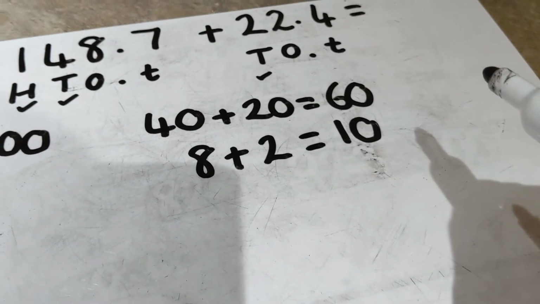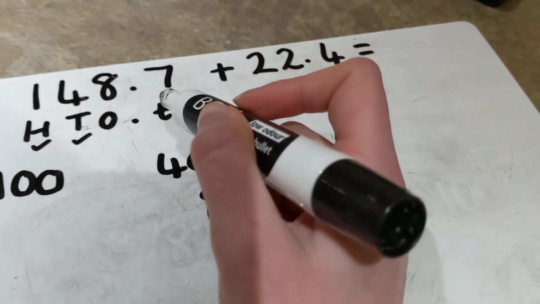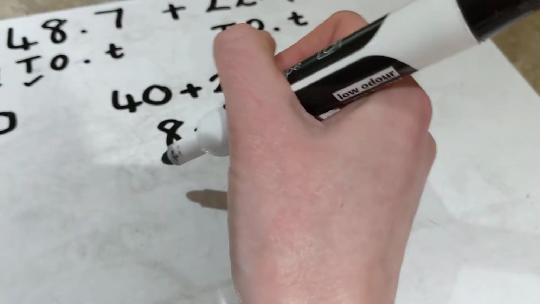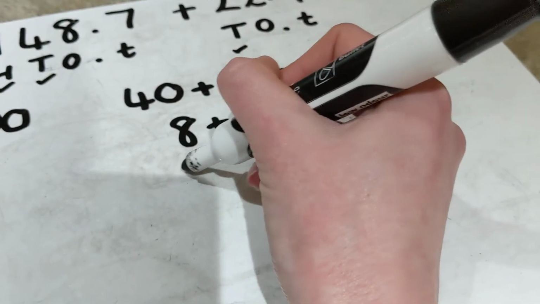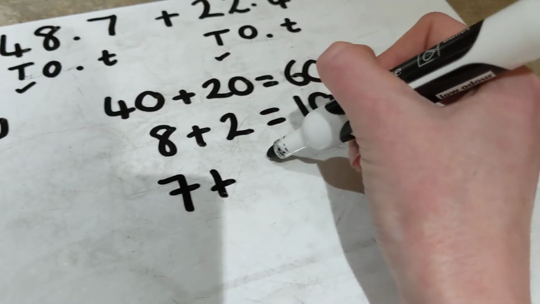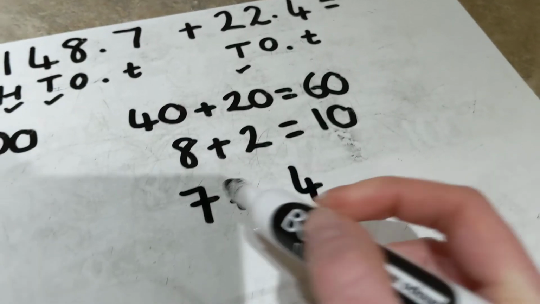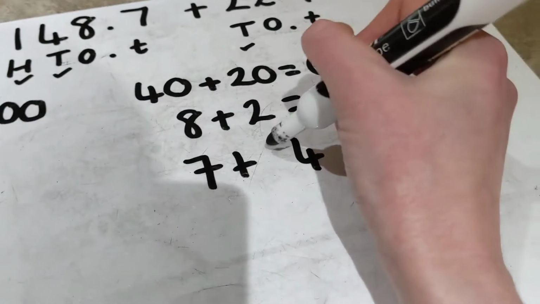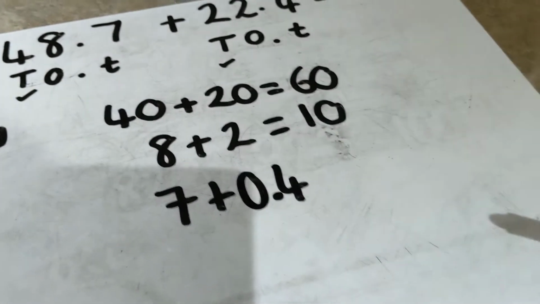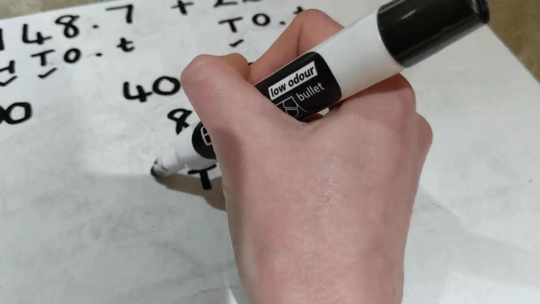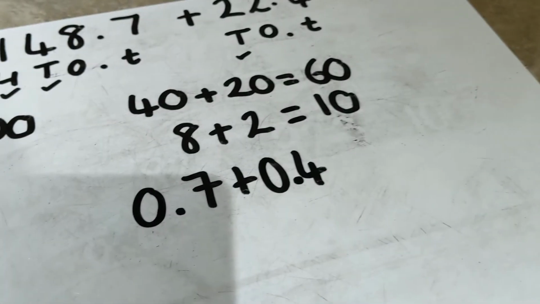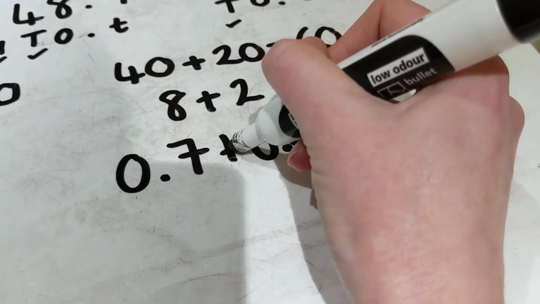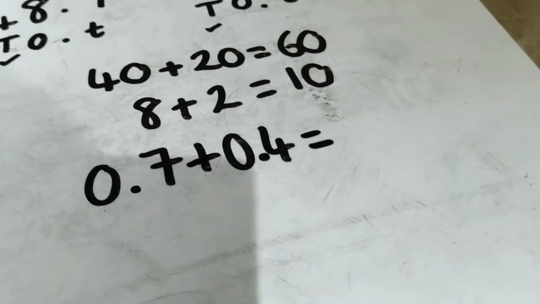Now the reason I'm pointing that out is because the pattern is the same when we add tenths. So like we did in the first example, remember it's not 7 add 4, because that makes it look like we've got 7 whole ones and 4 whole ones. 0.4, 0.7, okay, because we're not working with whole numbers.